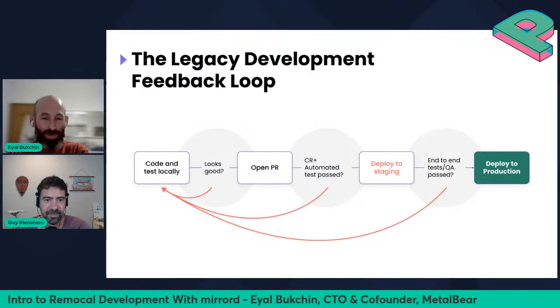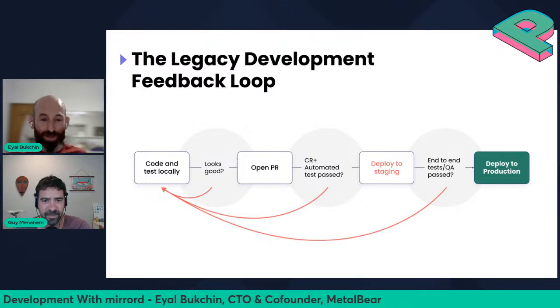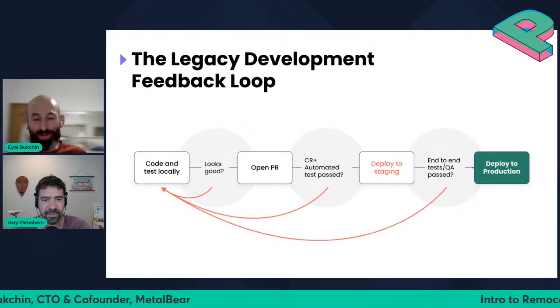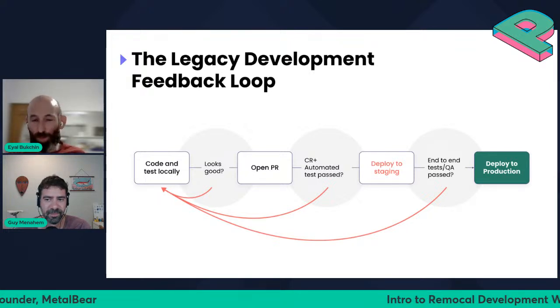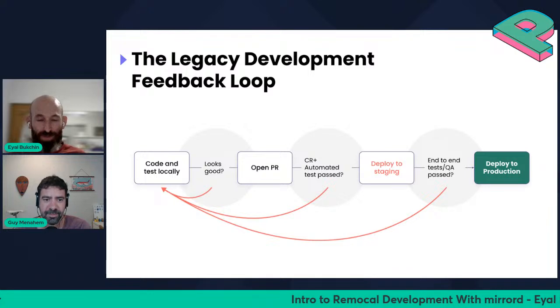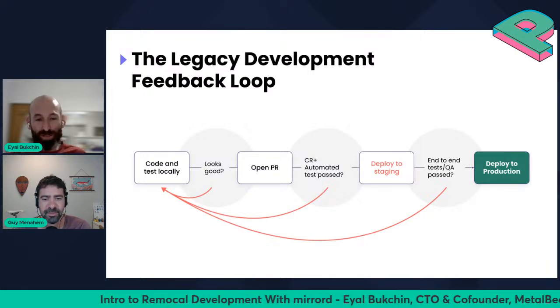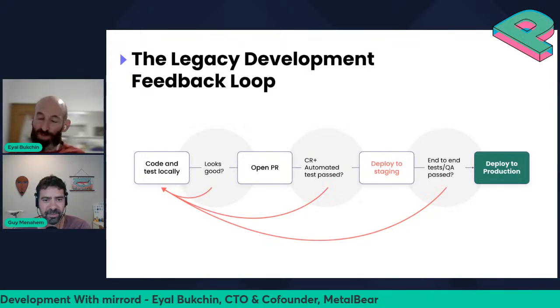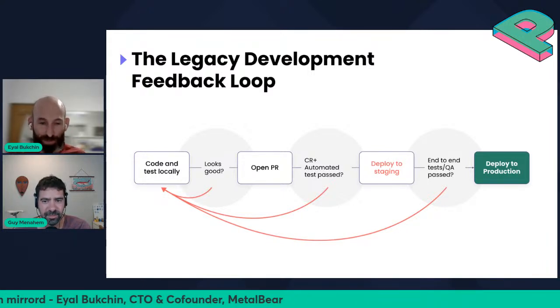And this is sort of the legacy loop that most of us know, and a lot of companies rely on. With certain variations, but these are the common building blocks where you start locally and you go as far as you can, and you use mocks or isolated tests or simulations.